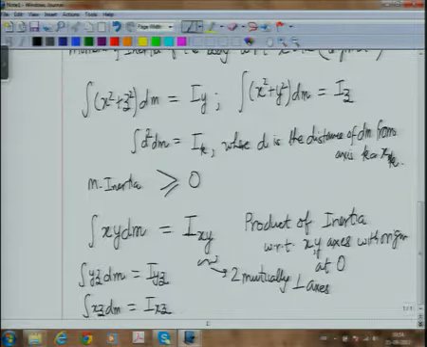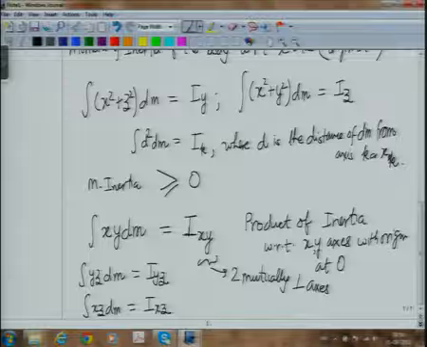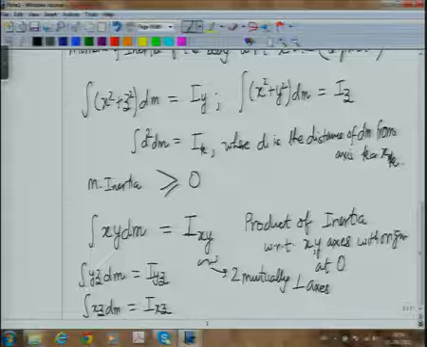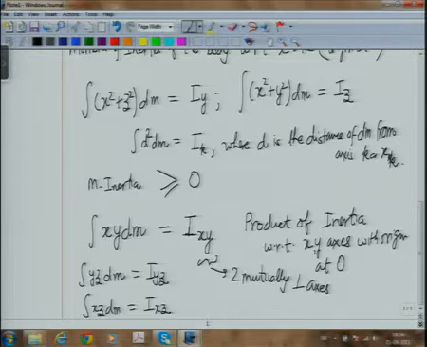You expect the body only to have omega x, but if this quantity is not 0, then not only will the body rotate about the x axis, it will also tend to rotate about the y axis. So this is the physical effect of these products of inertia: they tend to make the body rotate about the other axis also, even though no couple may be applied about that second axis.